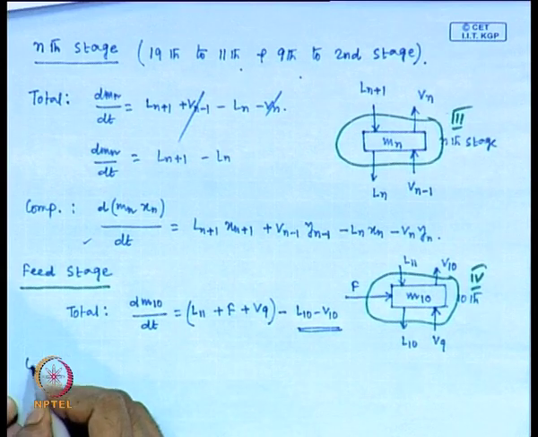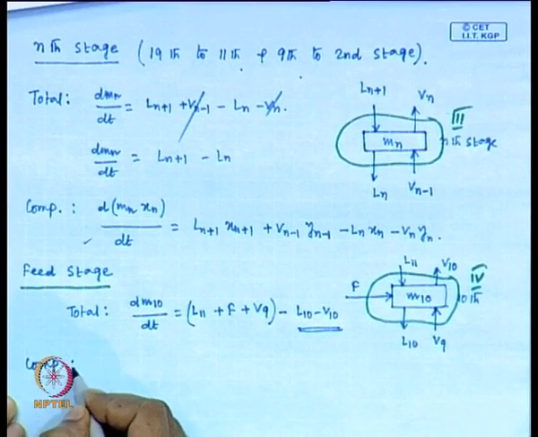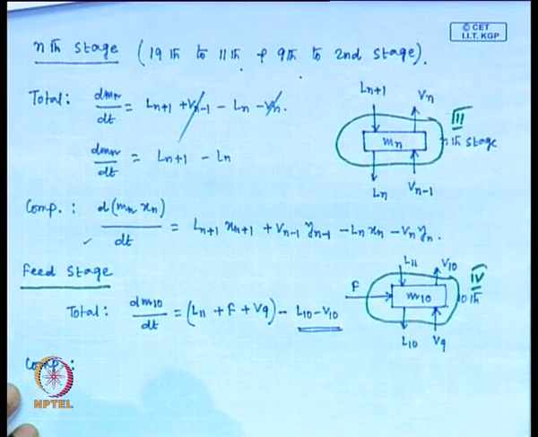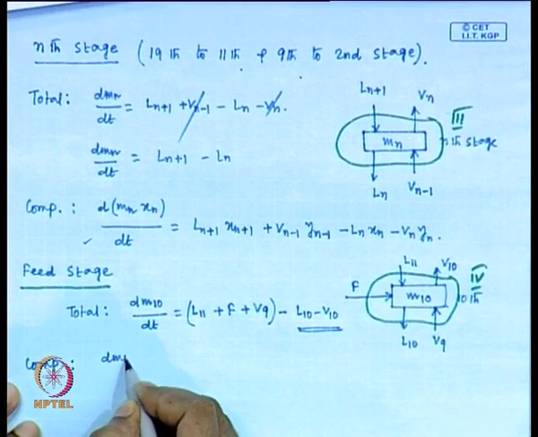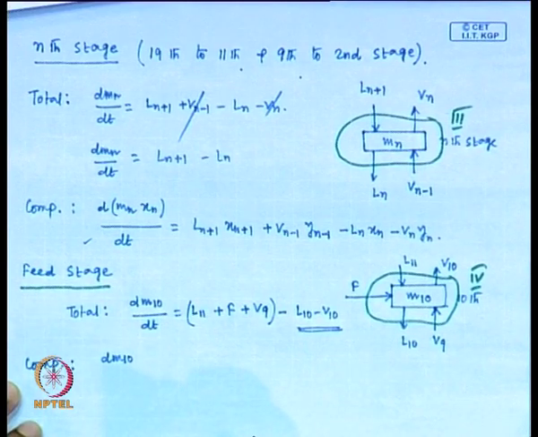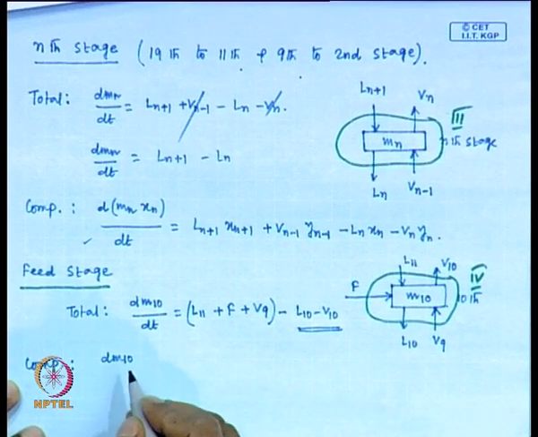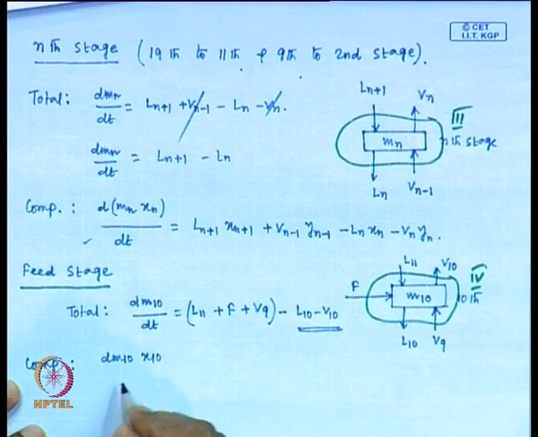So, it is straightforward to write the component mass balance equation, just multiplying the flow rates with their composition. In the accumulation term, we have to multiply the hold up with composition.